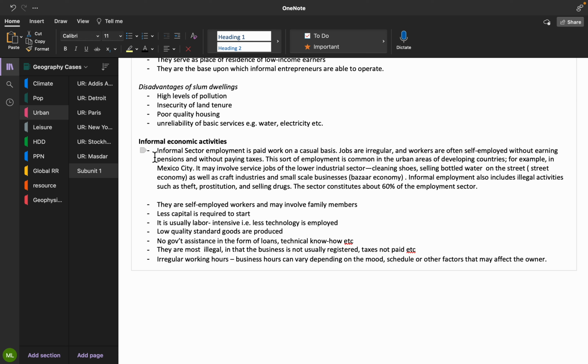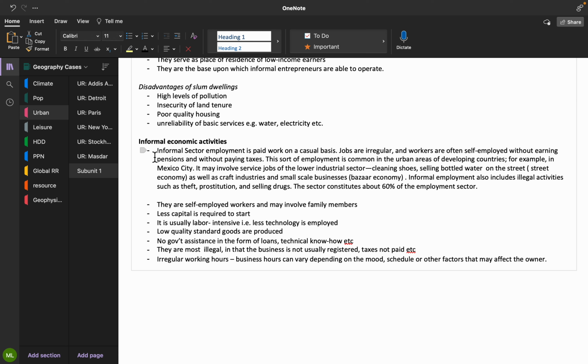So it may involve service jobs such as cleaning shoes, selling bottled water on the street, selling fruits, and small scale businesses like craft industries. So the informal employment also includes illegal activities such as theft, prostitution, and selling drugs.